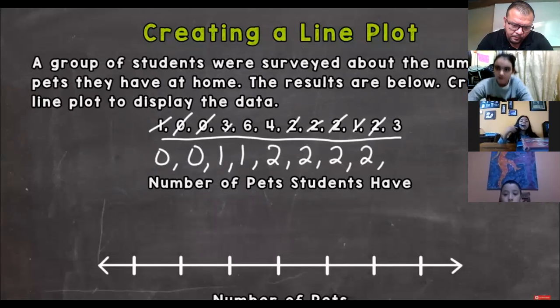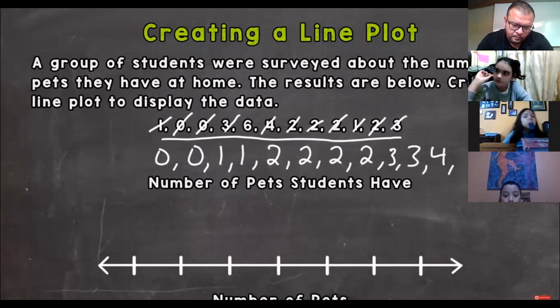Well, 1 here and 1 here, so that's 2 3s. We have a 4. It does not look like we have any 5s. And then we have a 6, which is our largest number within that set of data.